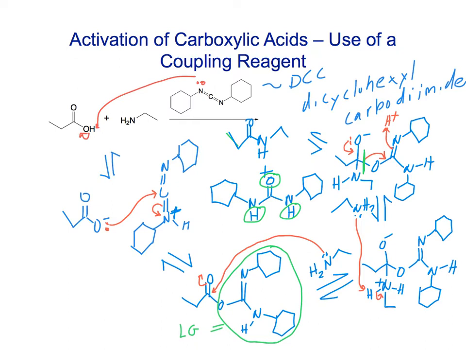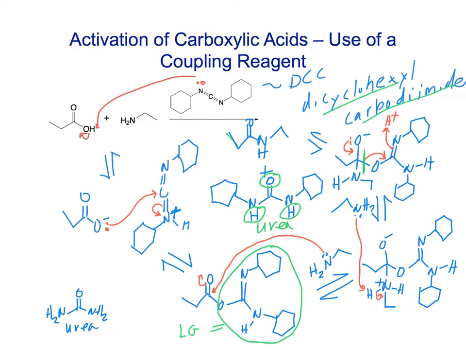So this dicyclohexyl carbodiimide turned into this other functional group, which looks kind of like a diamide. This is actually called a urea. So actual urea itself is a molecule just like this.